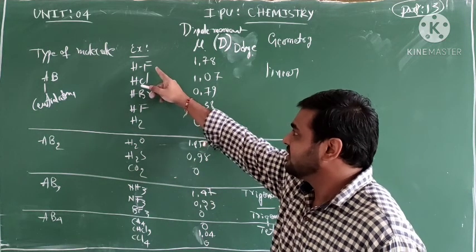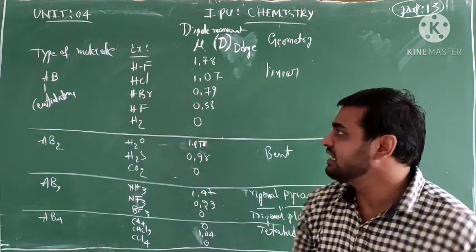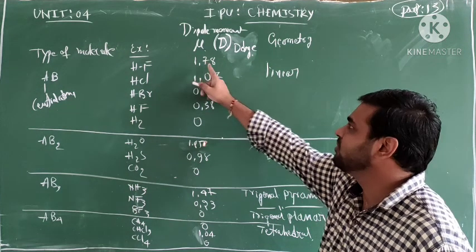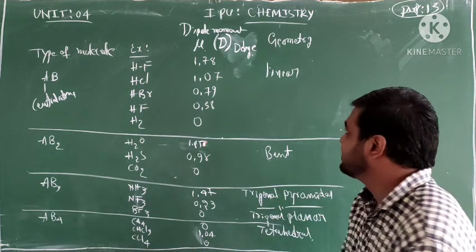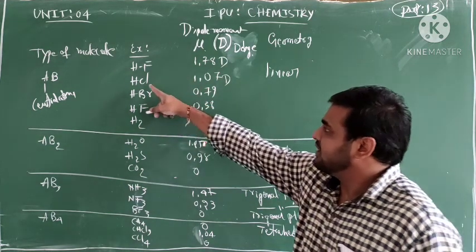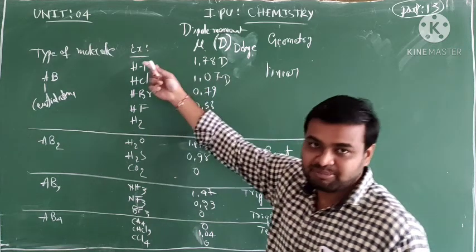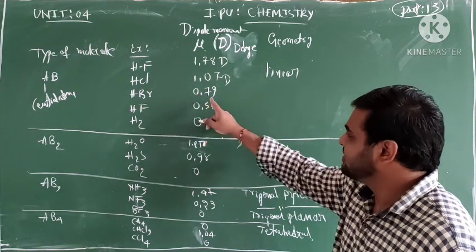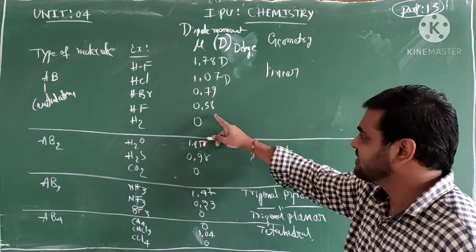Fluorine has a highly electronegative nature, so it gives the highest dipole moment, 1.78 D. HCl is less than fluorine, 1.07, and hydrogen bromide is 0.78.